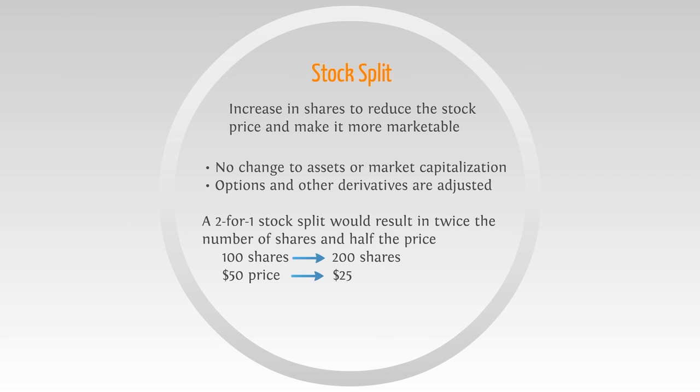We have stock splits as well, which is a more extreme example of a stock dividend, in that we adjust the number of shares and the stock price, but it's really no change to the assets or the market cap. So in our example here, we have 100 shares at $50 a share. And after the stock split, we have 200 shares at $25 a share.